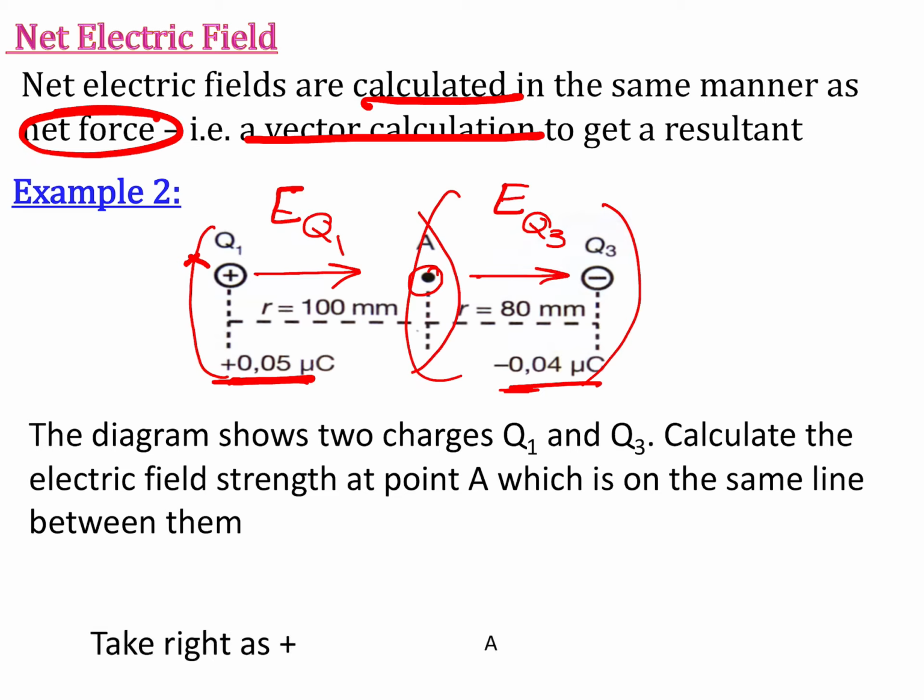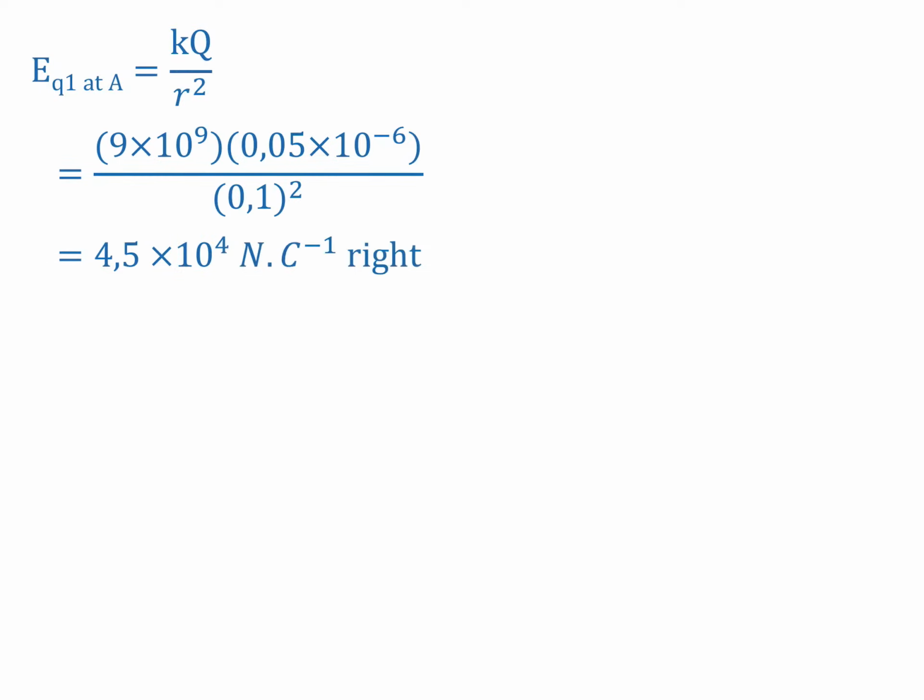Now, this is quite nice. So, when I look at it, there's my point. The electric field at A because of Q1 is to the right, and the electric field at A because of Q3 is to the right. That's nice. That means I just need to add them together. So the first thing we do is we work out each one separately.